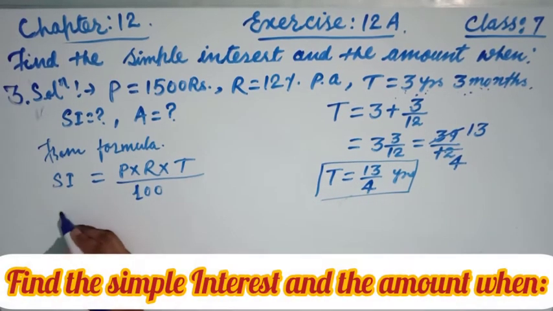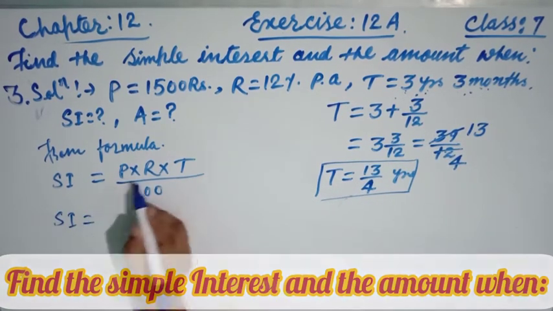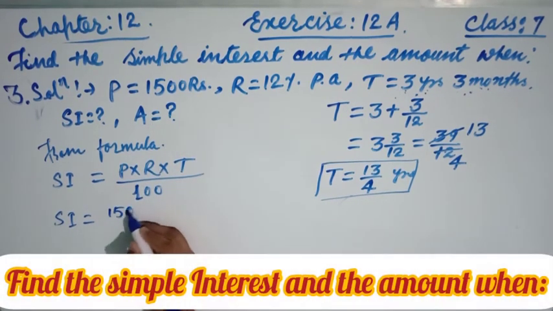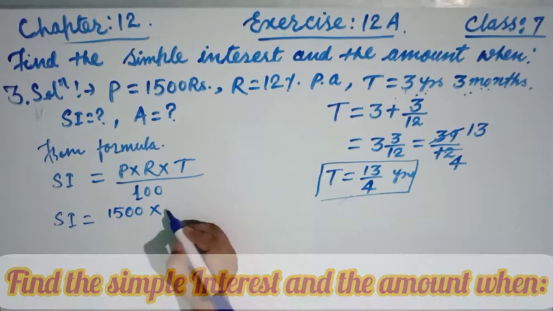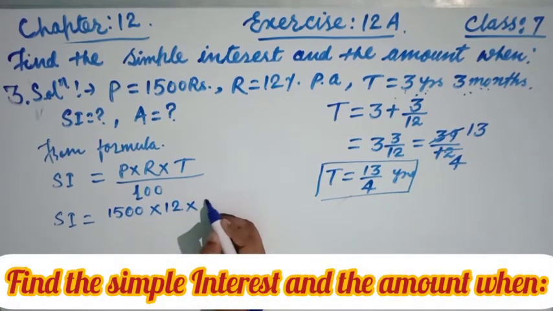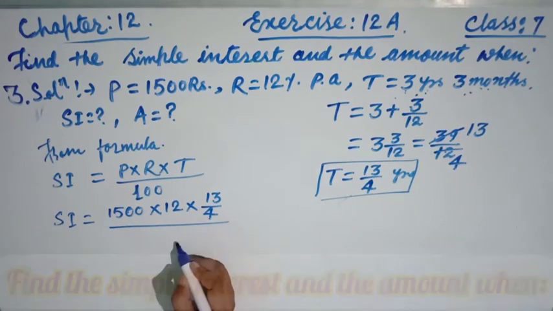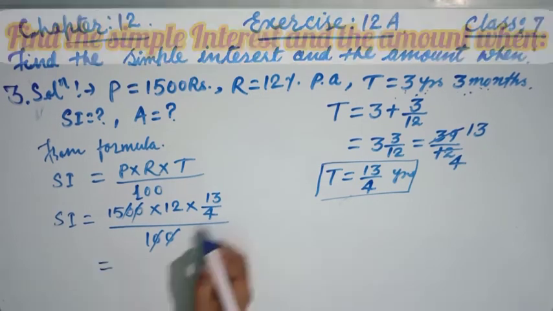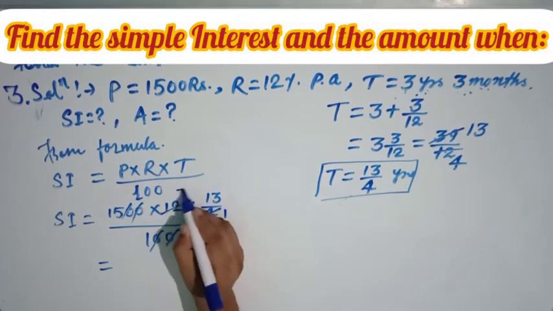Now see friends, here SI is equal to P into R into T. Now what about P? P is 1500 multiplied by R, 12%, and T is 13 divided by 4, and divided by 100. So this 20 will get cancelled here. Now 4 1 ja 4 and 4 3 ja 12.